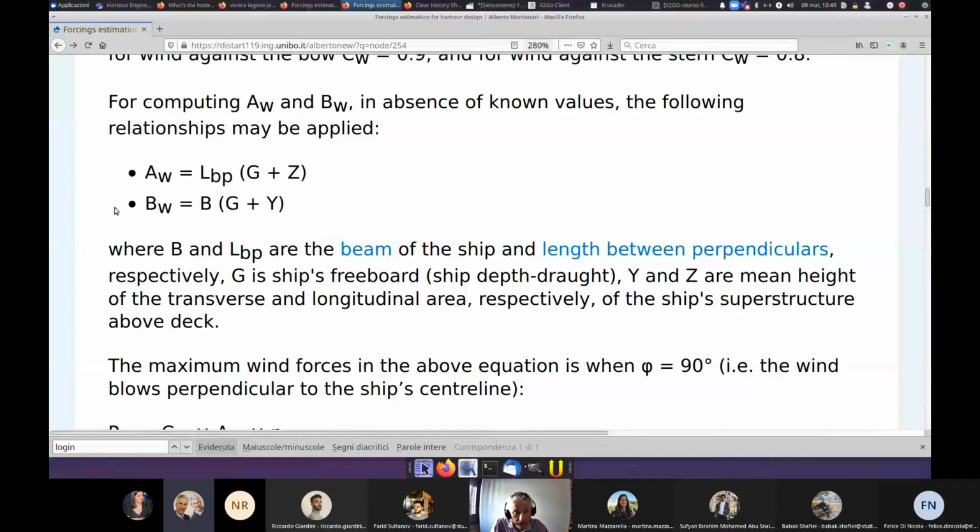And it's clear what is the meaning of this relationship. You multiply the longitudinal size of the ship, an estimate of the longitudinal size, by the sum of the freeboard and mean height of the longitudinal area.